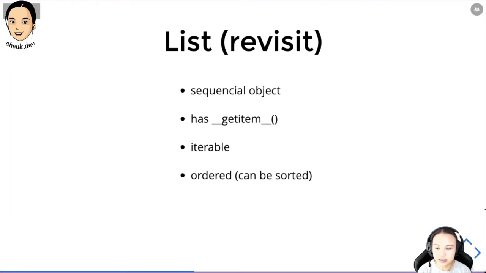Since we learned how to look at what's inside a Python object, we know it has a __getitem__ method inside by default, which is kind of the definition of a sequential object.